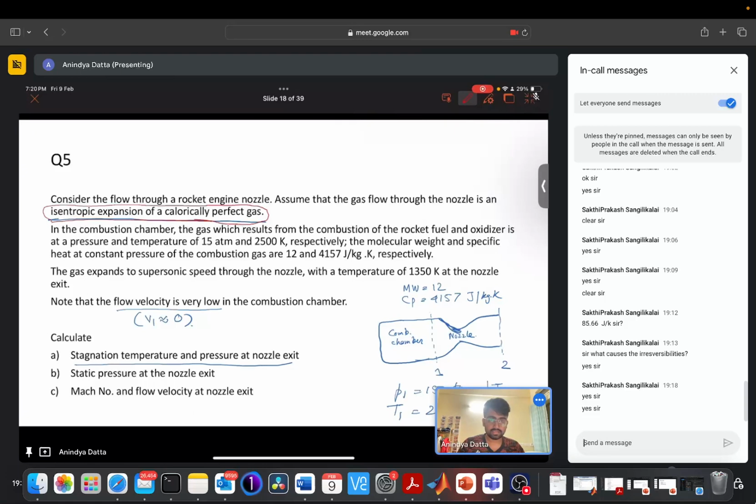We just discussed in the previous problem what happens to stagnation temperature and stagnation pressure when the flow is adiabatic, reversible or irreversible. Which means you have to compute T02 and P02.